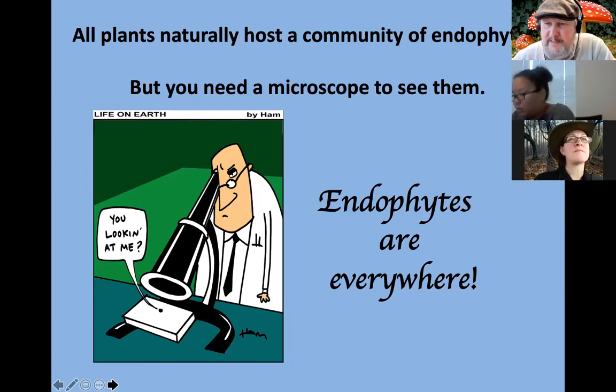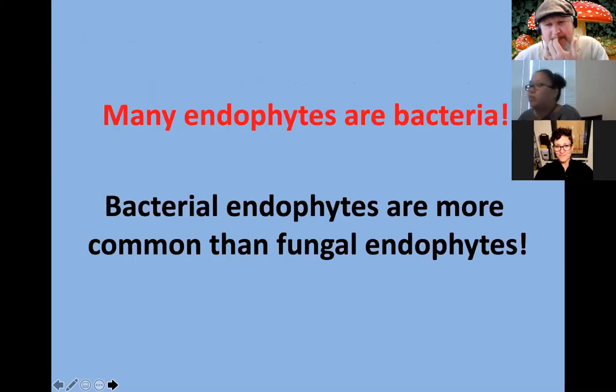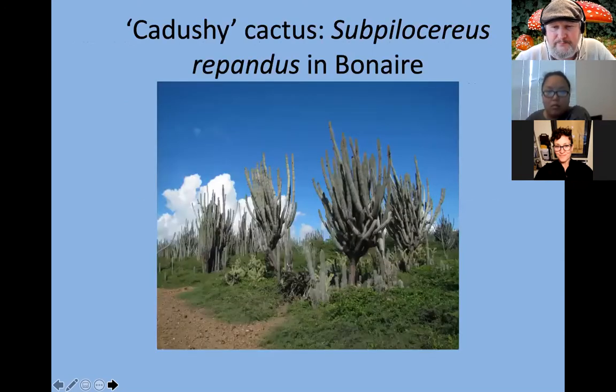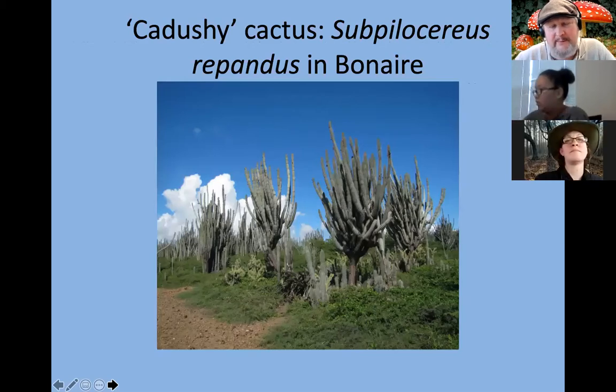Endophytes are everywhere, and in fact there are communities of endophytes in plants, not just one endophyte but multiple ones. Many of these are bacteria, which, as I said, are more common than fungal endophytes. This is a Cadushy cactus on the desert island of Bonaire in the Dutch Antilles.